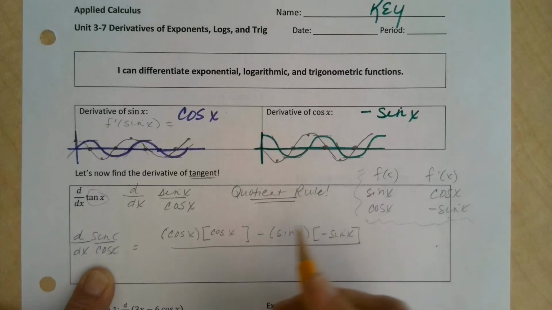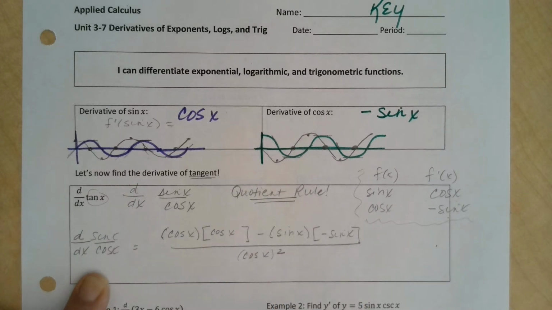Square the bottom and away you go. Alright, so when we simplify that, we have the cosine of x squared. And then negative times a negative is a positive, sine of x squared, all over cosine of x squared.